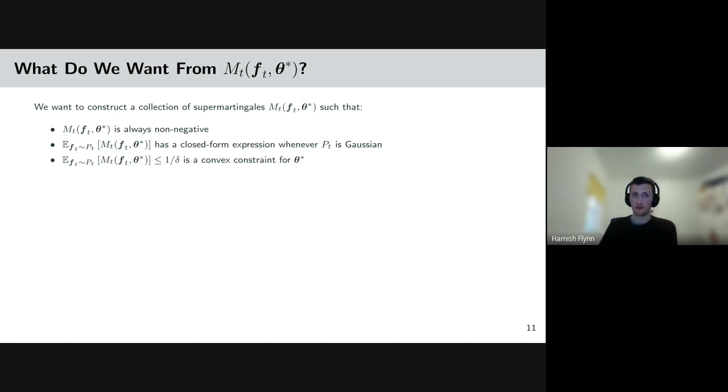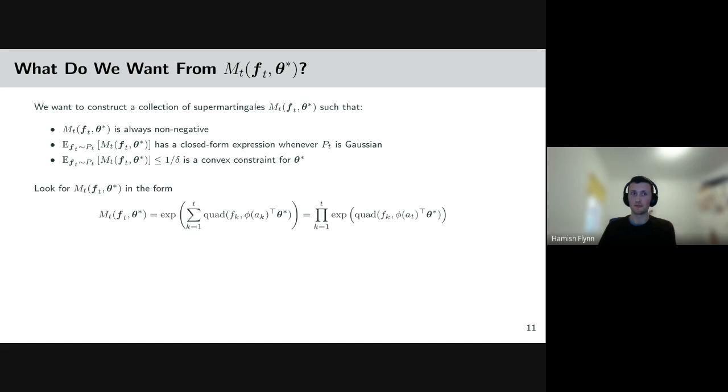Since we're going to integrate out f_t, and since we're actually going to use Gaussian mixture distributions, we want there to be a closed form expression for the mixture whenever P_t is a Gaussian. And finally, we want M_t of theta to be a convex function of theta, such that our confidence sets are always convex sets. This will be important when we try and compute the corresponding upper confidence bounds.